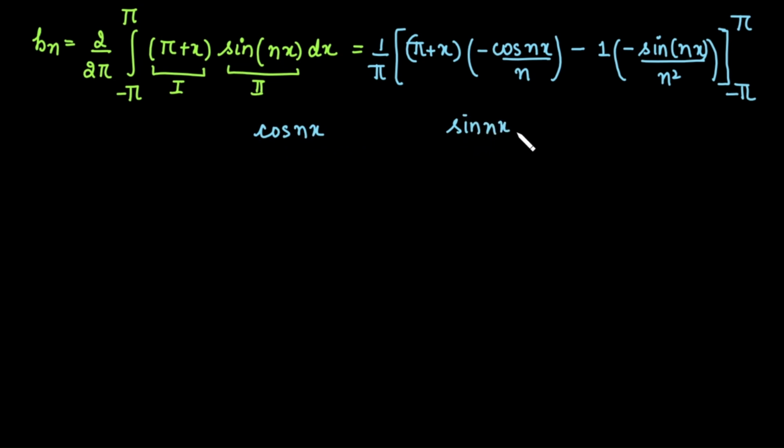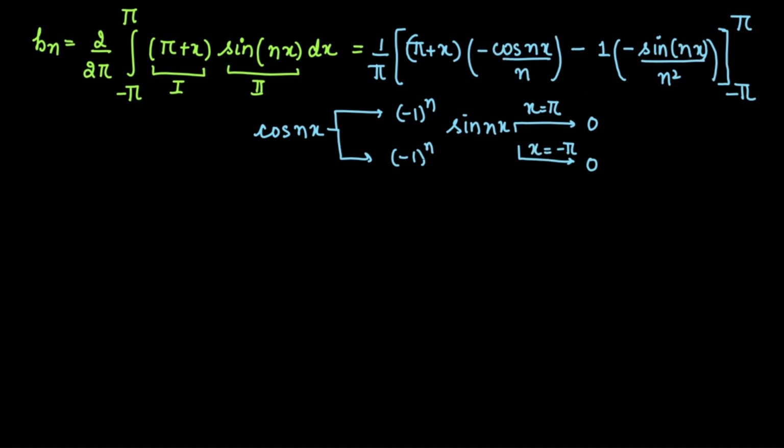So sin nx at upper limit, it is getting 0, and at lower limit again it is getting 0. Whereas cos nx at upper limit, it is getting minus 1 raised to power n, and for lower limit again minus 1 raised to power n. Since both the values are same, we can take this value over here.